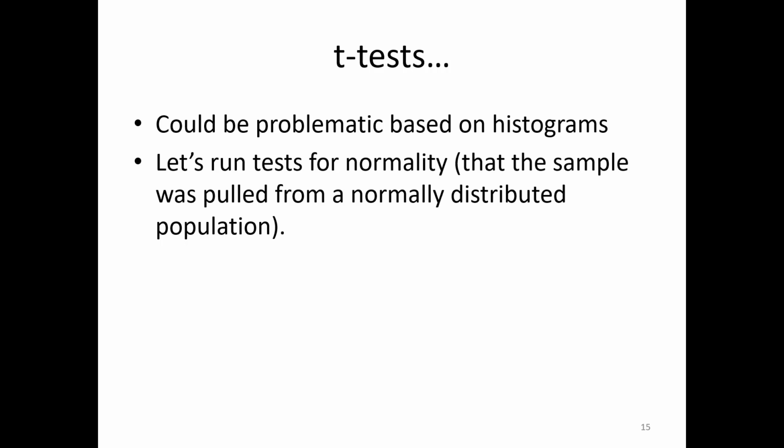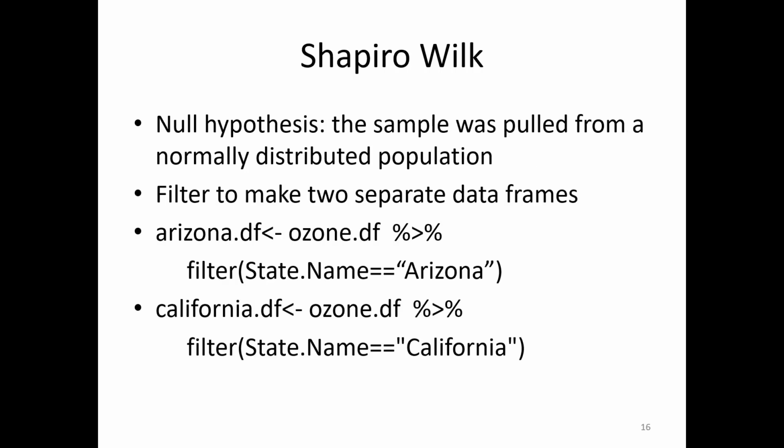One thing that I do sometimes is run a test for normality. That's a test to see whether the sample or samples, in this case two samples, were pulled from normally distributed populations.